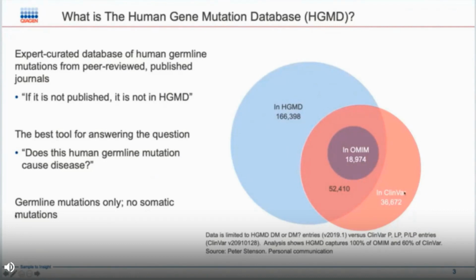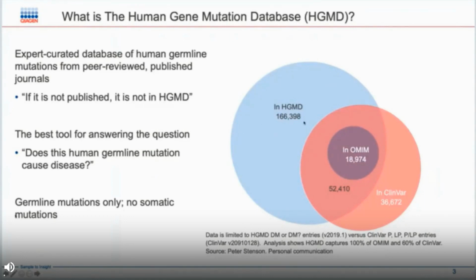The remaining 36,000 are likely not in HGMD because ClinVar does not necessarily require users who are submitting their clinical assertions about a variant to have specific guidelines for evidence to support that assertion. And so we like to say if it's not published, it's not in HGMD.